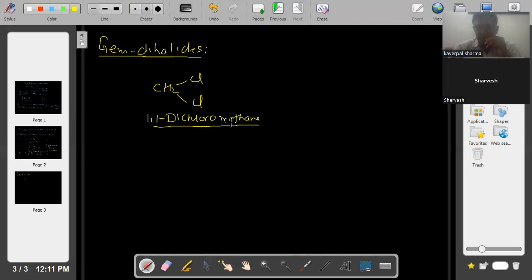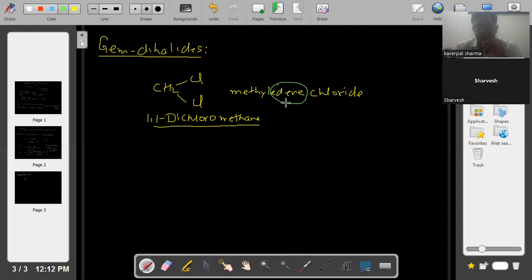That is the IUPAC name, but the general name is methylene chloride, methylene dichloride. If a name has the ending ylidene, this belongs to gem dihalides.